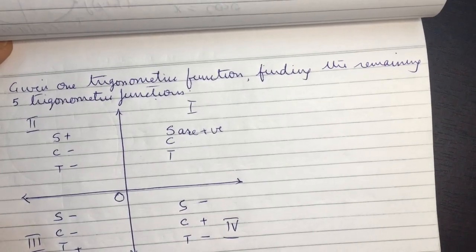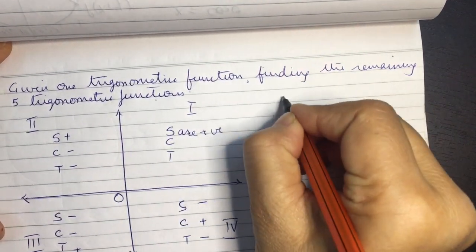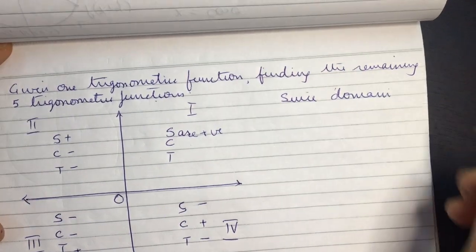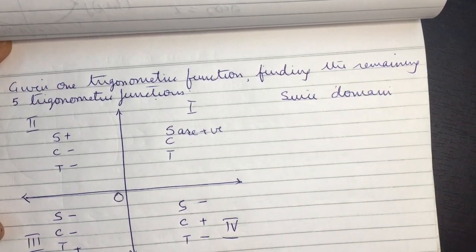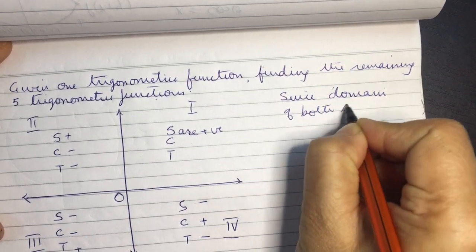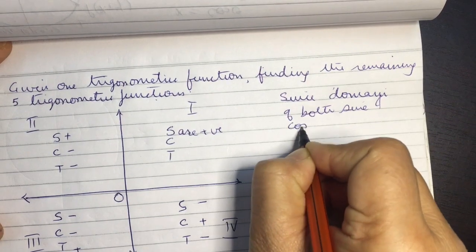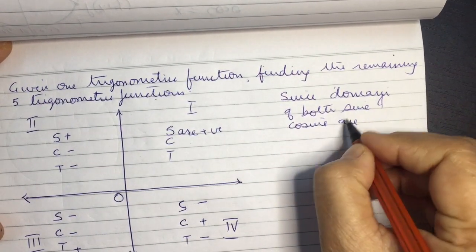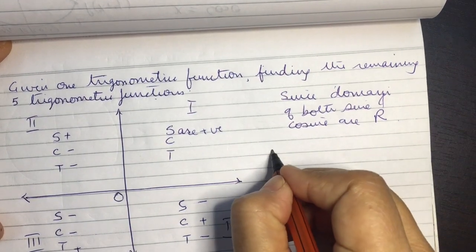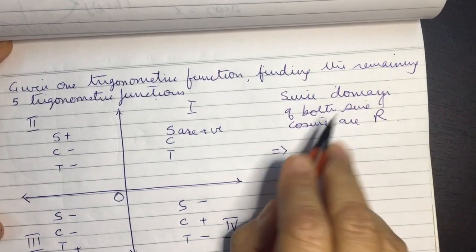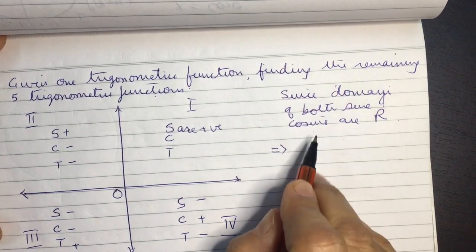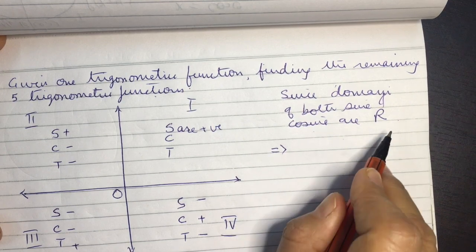Another thing we had seen is that domain means the values taken up by theta for which sine and cos are defined. The domain of both sine and cosine is real numbers. So it means that sine and cosine are not restricted only to certain angles, but can be found out for all real values.